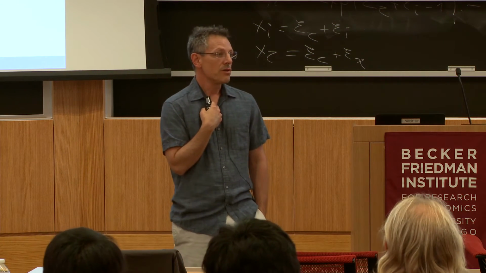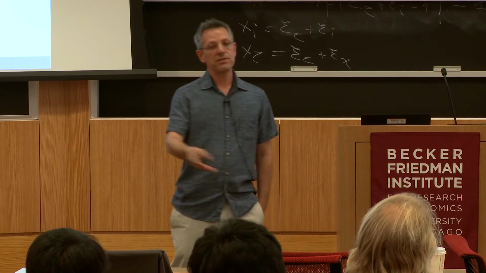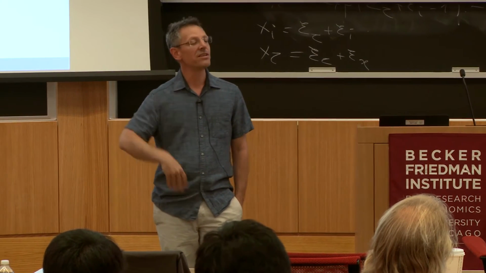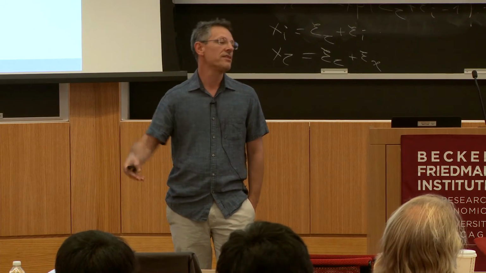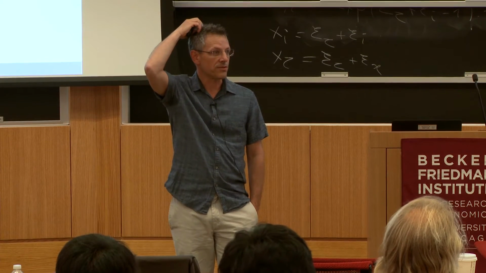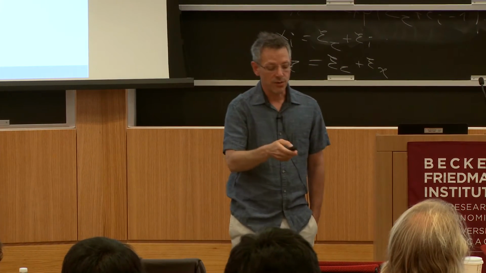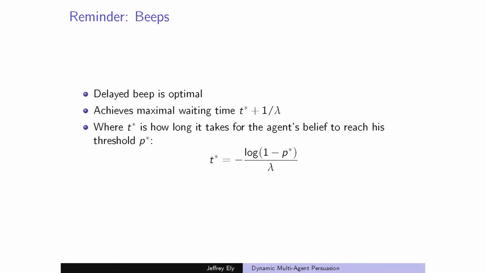So the principal waits until the state changes, and then waits another T star length of time, and then tells the agent it's time to switch. And so I called that the delayed beep. So the delayed beep is the optimal mechanism in this simple binary state two-action problem where the principal is trying to forestall the change of action in the agent for as long as possible.